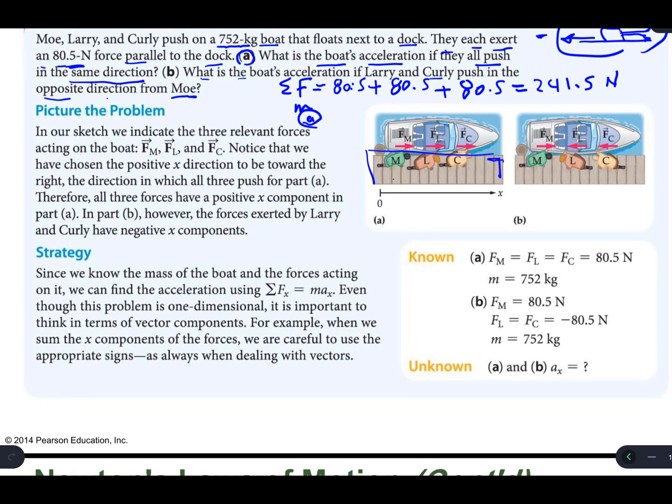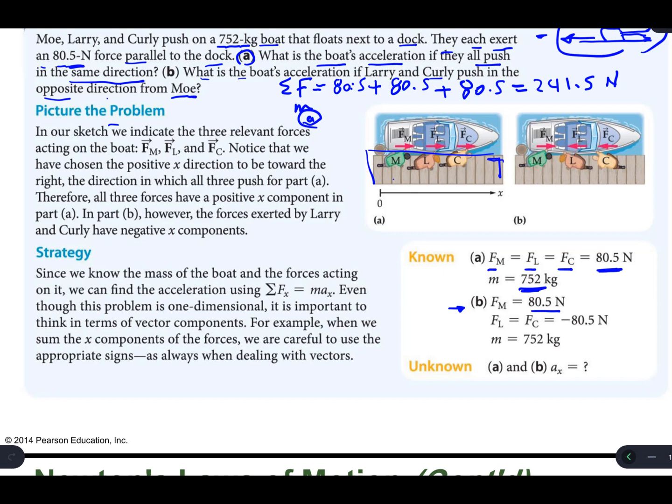So at the beginning we picture the problem. What we have here: the force for Moe, the force for Larry, the force for Curly, each equals 80.5 newtons. The mass is 750 kilograms. Right, guys? So for B, he took in the example that Moe has positive direction.